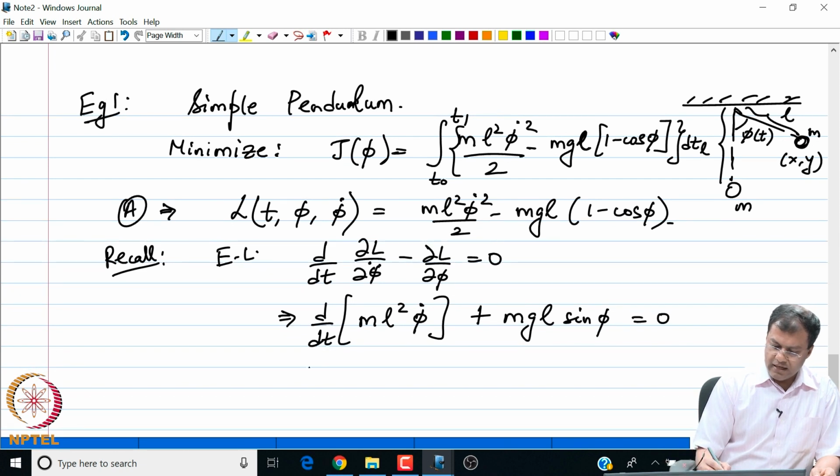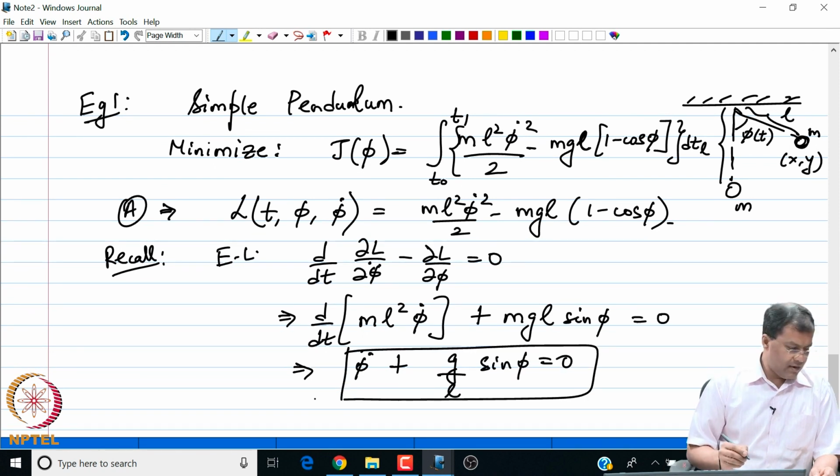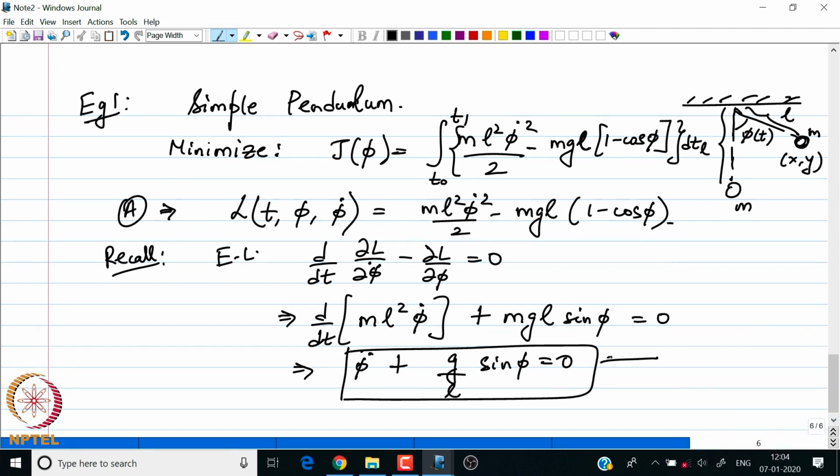I take the necessary derivative, and I see that this is equal to phi double dot plus g by L sin phi, which is equal to 0. This is my standard pendulum equation that we derived from Euler-Lagrange earlier. So we solve for the angle phi. We have done that earlier.